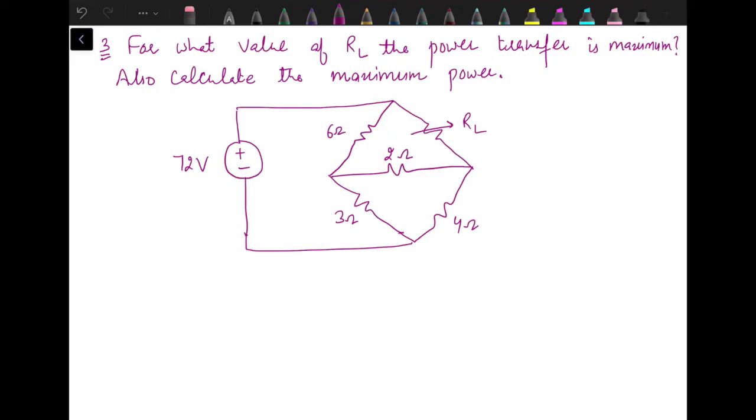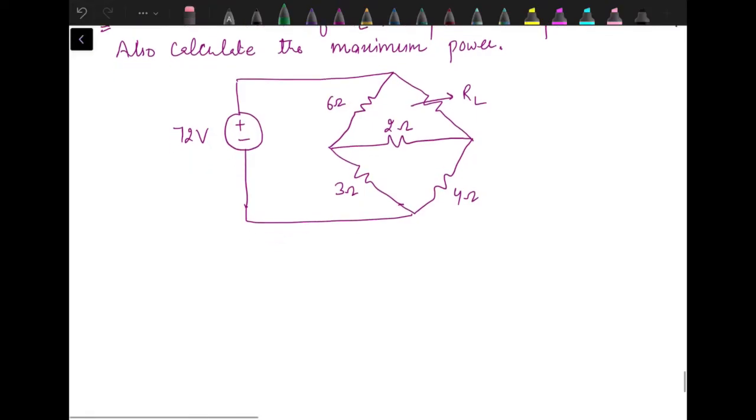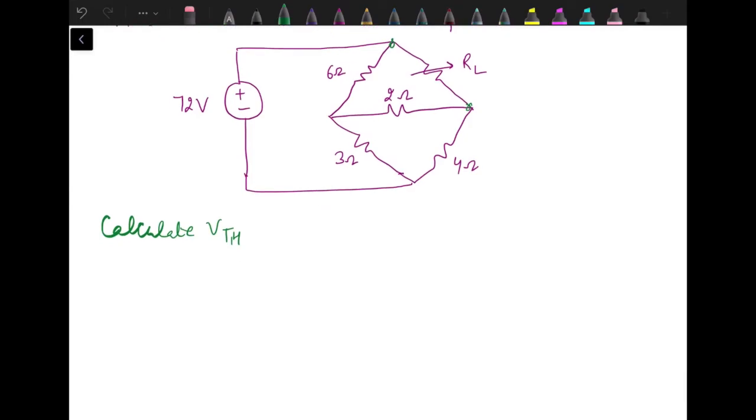Again, we need to replace this circuit by Thevenin equivalent. So we need to calculate VTH as well as RTH. So our first step is to calculate VTH, for which RL should be removed from the circuit and the rest of the circuit will remain as it is.